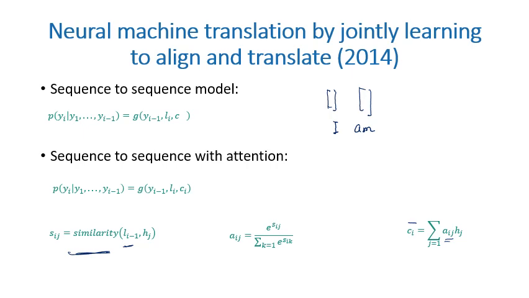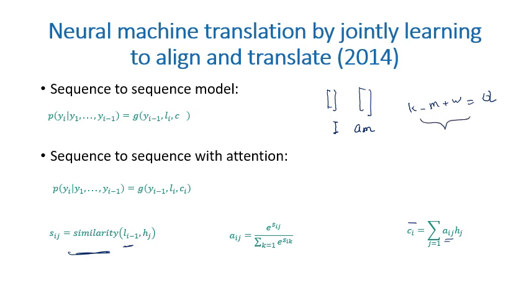You can subtract the vector representing man from king and add woman to it, and it's going to be queen. So the operation is meaningful here.